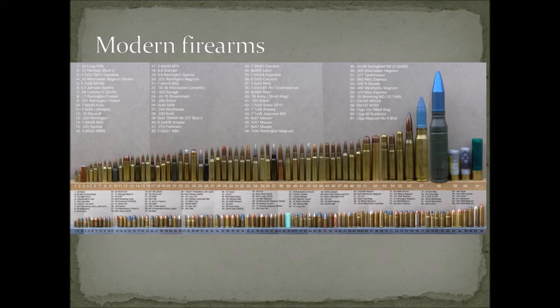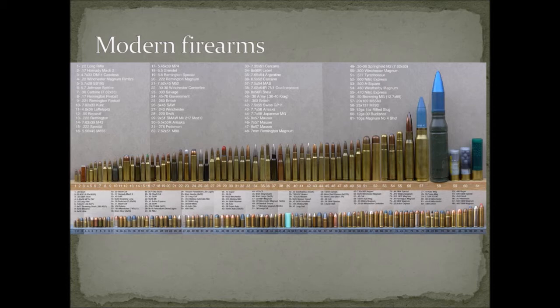There are literally hundreds of thousands of different bullets in caliber, size, which is roughly caliber, and type of bullet. There are incendiary bullets, there are hollow points, there are bullets that fragment on impact. There are all sorts of types of rounds.